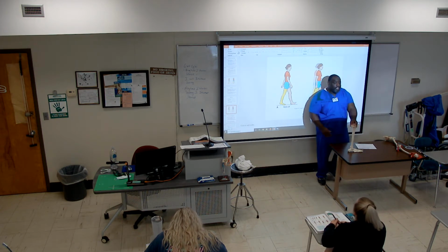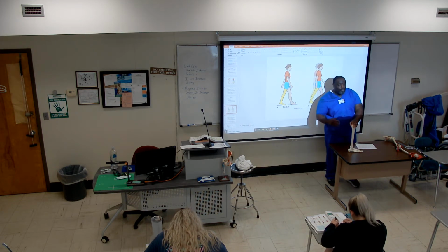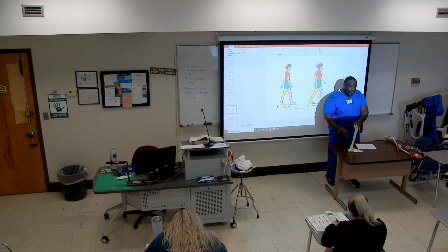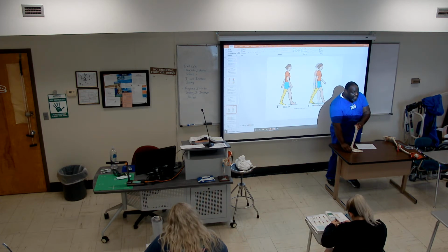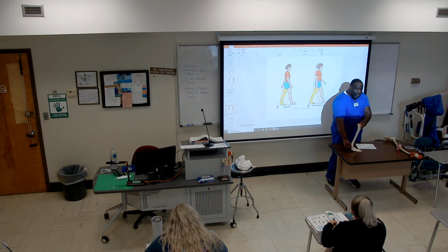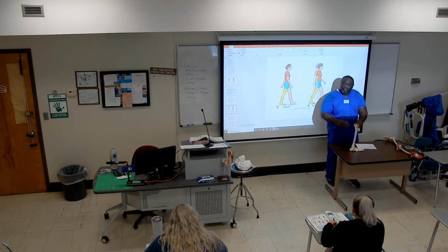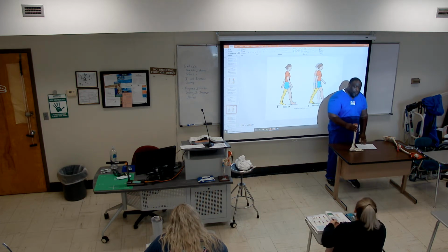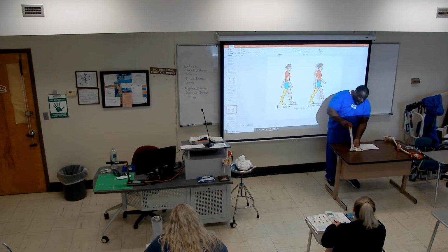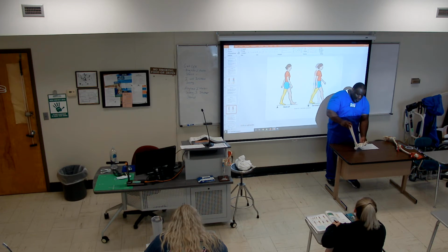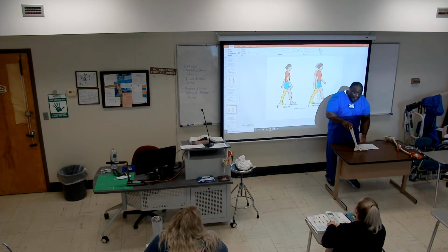Once I make initial contact with my opposite leg or my swing leg, then my heel comes off the ground. And that's where things get cool. Because now, just like with initial contact or heel strike, because something is now touching the ground, it affects how I look at the joint, closed chain or open chain.